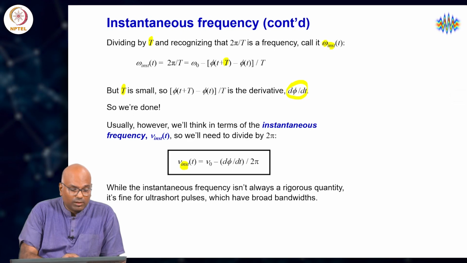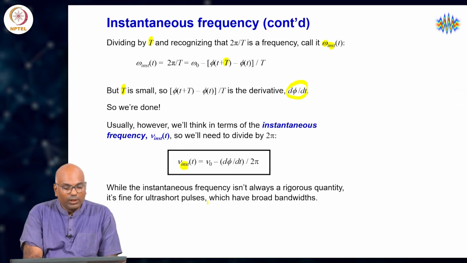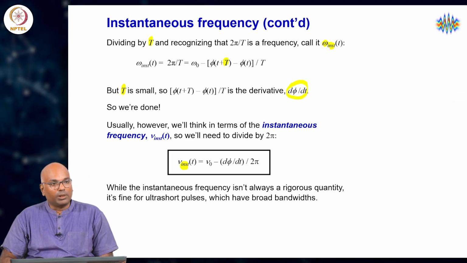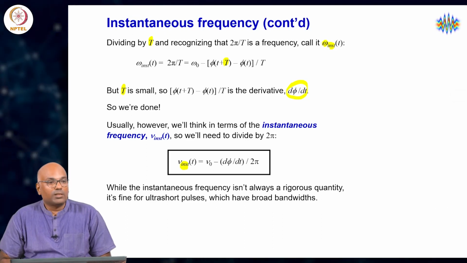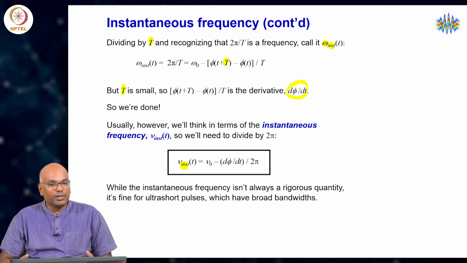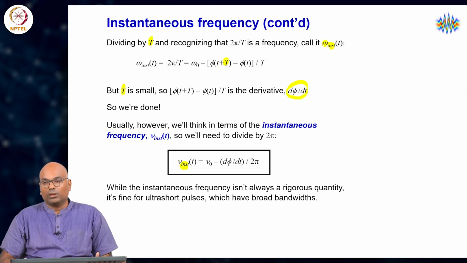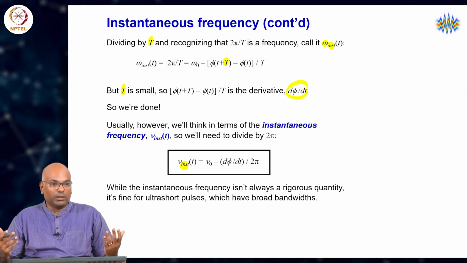The instantaneous frequency as a consequence is a quantity of importance for what we call ultra short laser pulses. Pulses whose amplitude essentially is significant only over a reasonable number of optical cycles. It is not millions of optical cycles under a non-zero envelope.